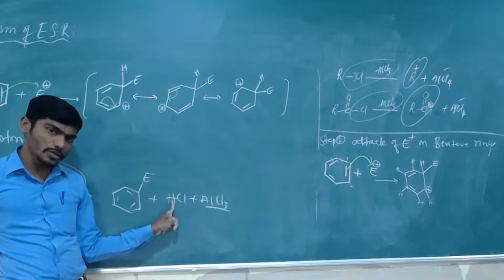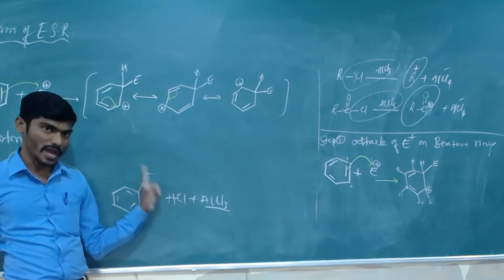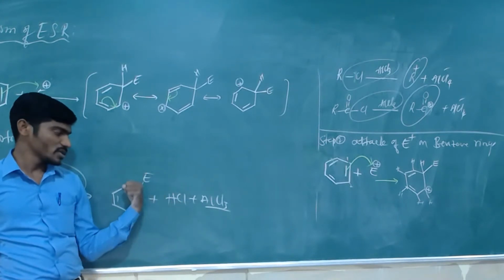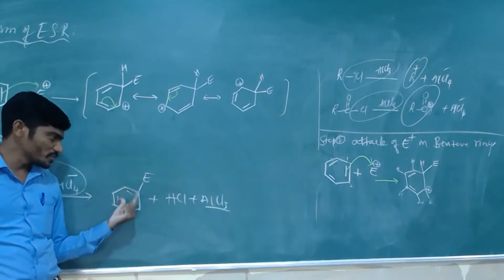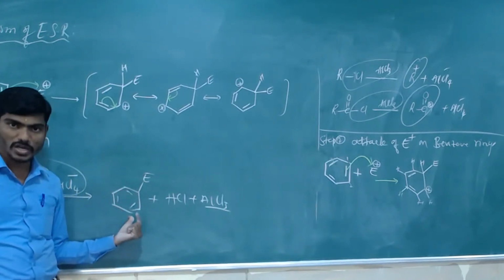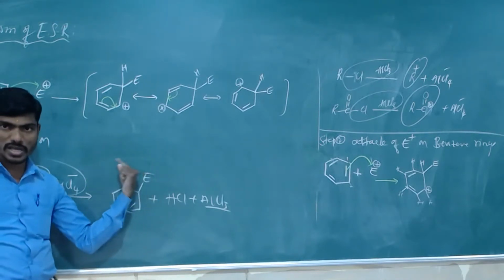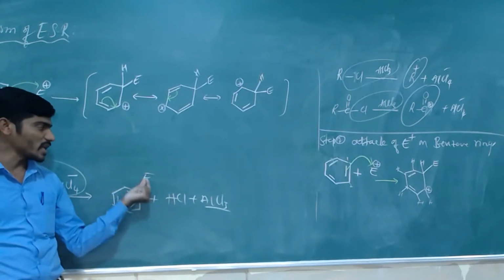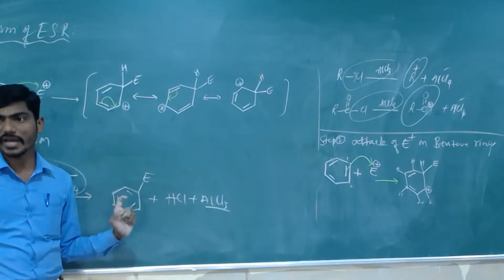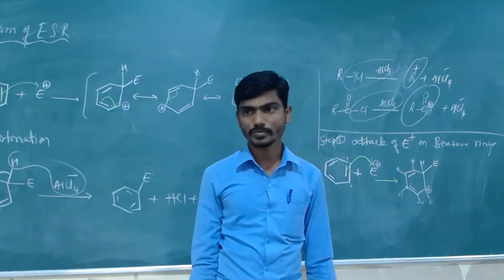So one of the hydrogens from the benzene is eliminated along with the halogen, and one electrophile is substituted in the benzene. So this is the electrophilic substituted product. Any one of the hydrogens on the benzene is substituted or replaced by an electrophile E. This is the mechanism, and this mechanism is the same for all five reactions.